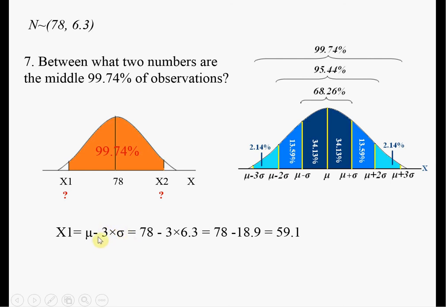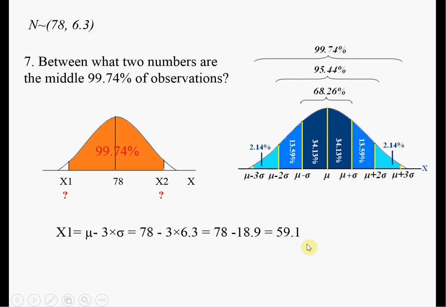Again, why minus? Because it is below the mean. We know that x1 is 3 standard deviations below the mean, so that's why we use the mean minus 3 times standard deviation. That is 78 minus 3 times 6.3, 78 minus 18.9.